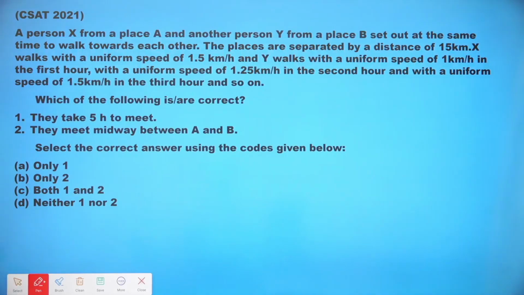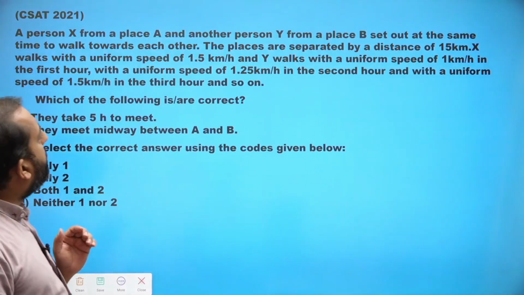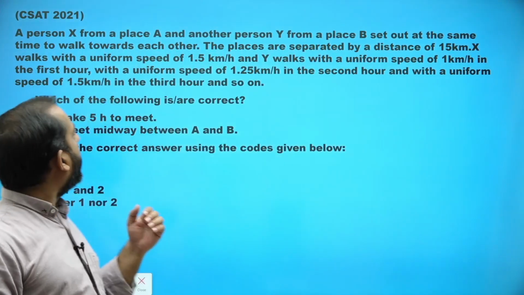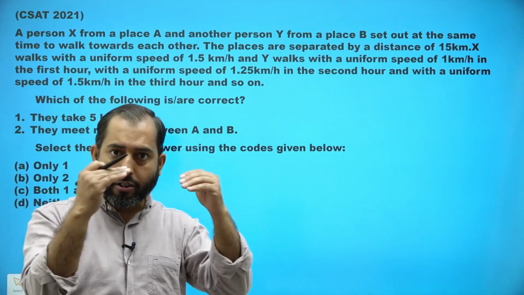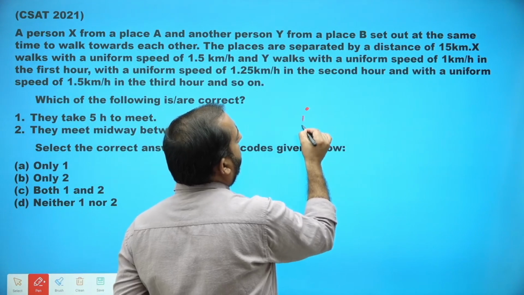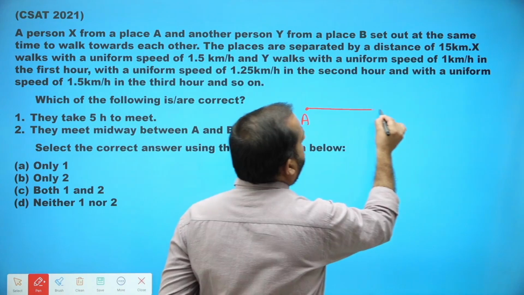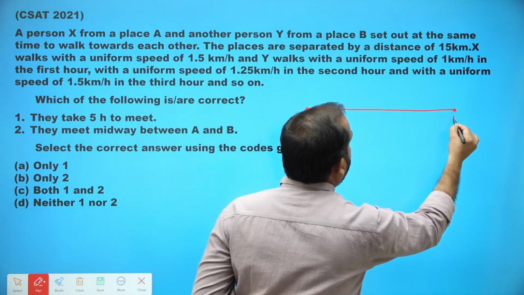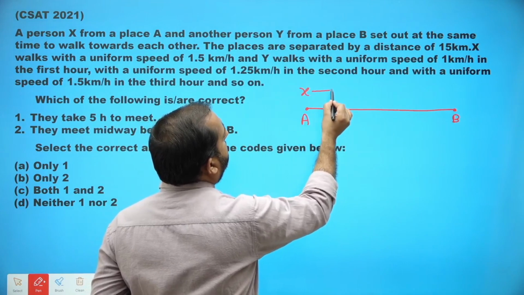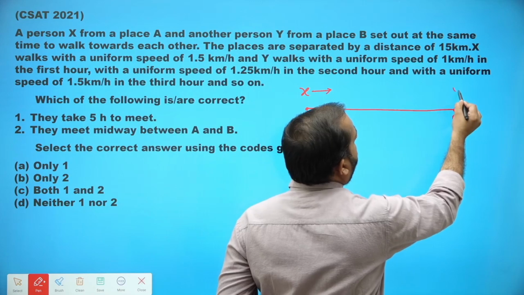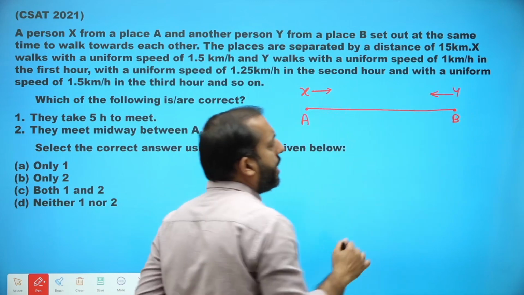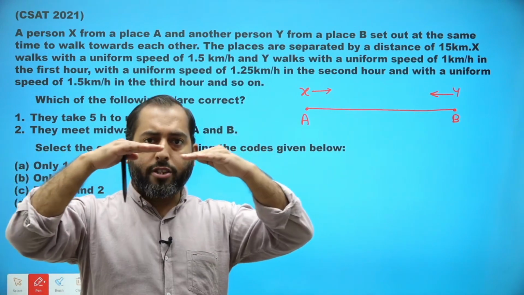This is the question. It says a person X from a place A and another person Y from a place B set out at the same time to walk towards each other. So let's say there is a place A and then there is one more place B. From place A, X has started its journey, and from place B, Y has started its journey, and they are traveling towards each other.